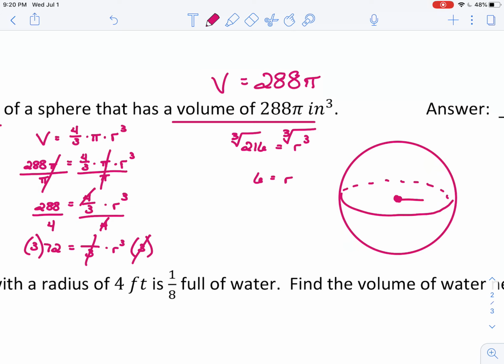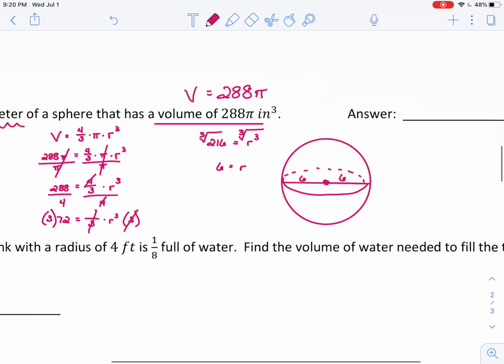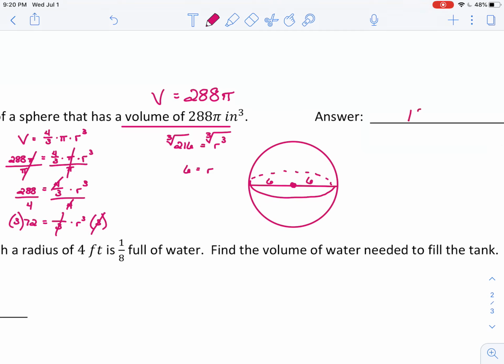The radius is the distance from the center to the edge of the sphere. The diameter is part of this distance, but then it just keeps going to the other edge. So I would have 6 on both sides, so the diameter is actually 12. So a lot going on in that problem. But we've had a work backwards problem like that before.